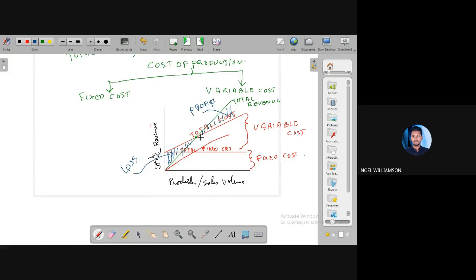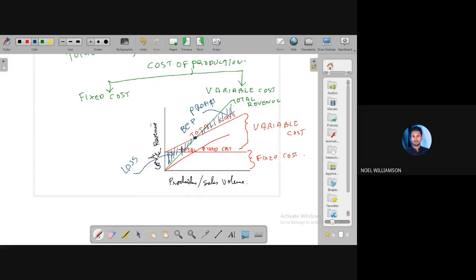Between these, we can see a point over here, and this point is termed the break-even point, or BEP. It is a point where there is no profit or loss. It is the point of the sales volume where the total revenue equals the total cost, or otherwise we can say there is no profit or no loss.